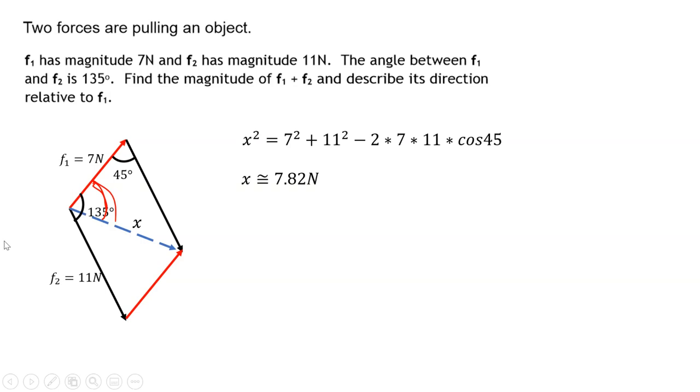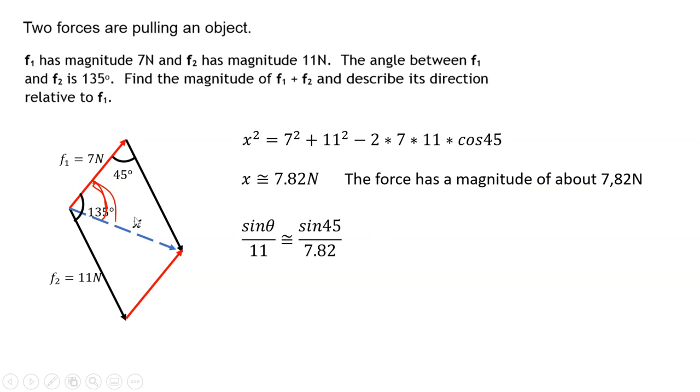Well, it's the sine law. Oh, by the way, this 7.82 is the magnitude, as you said. Here's the sine law. The sine of theta, which is this angle right here that I'm pointing out now, over 11, I know this is 11 because it's the same as this one over here, is equal to the sine of 45 over the side we just got from Vanessa a few minutes ago, 7.82.